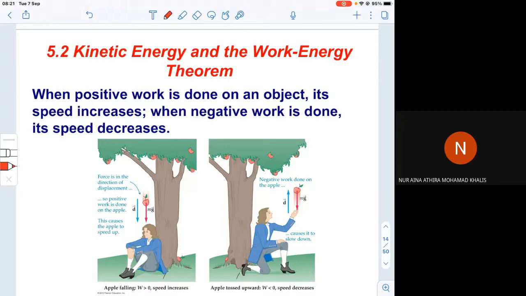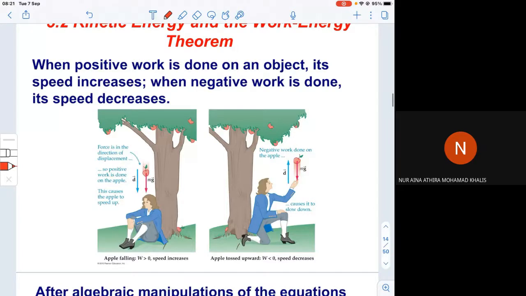Now it happens that when positive work is done on the object, the speed will increase, but when negative work is done, the speed will decrease. So the work, either positive or negative, will depend on the situation of the speed.